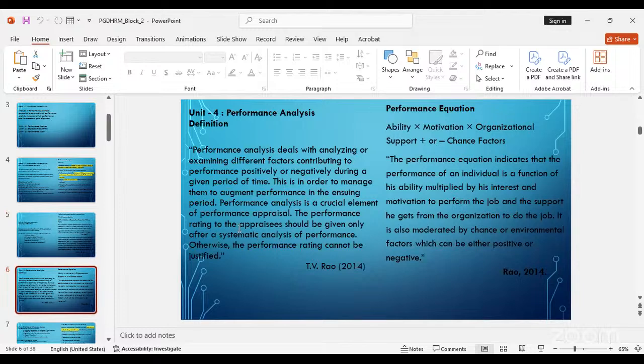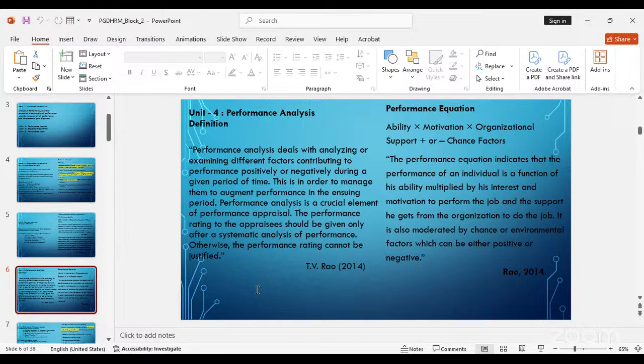Let us look into a definition which is given by Dr. T.V. Rao. Performance analysis deals with analyzing or examining different factors contributing to the performance positively or negatively during a given period of time.